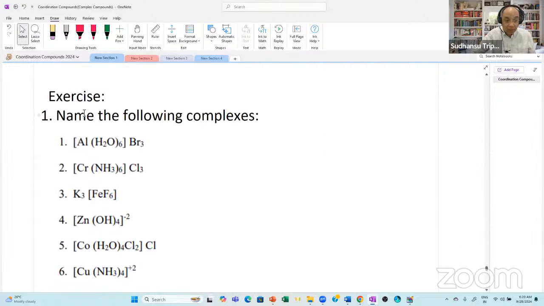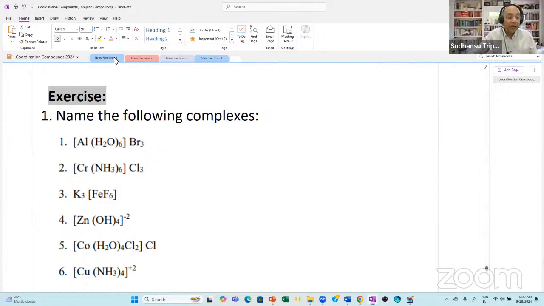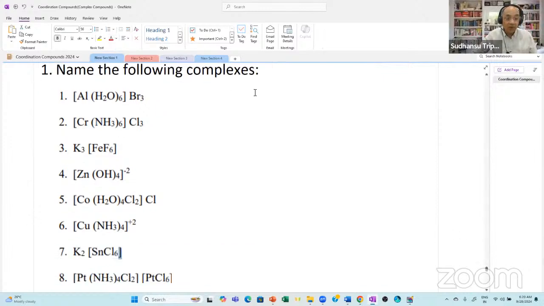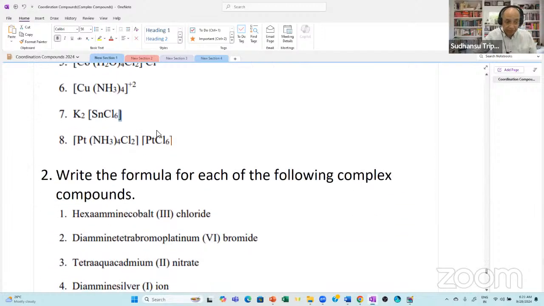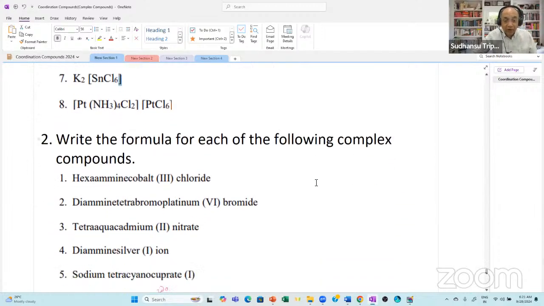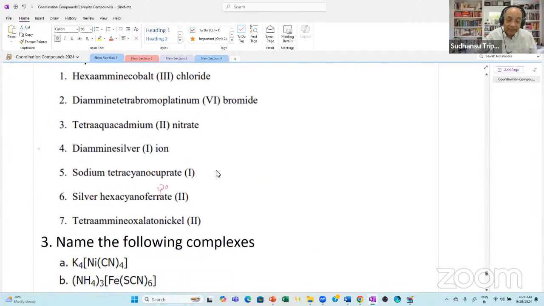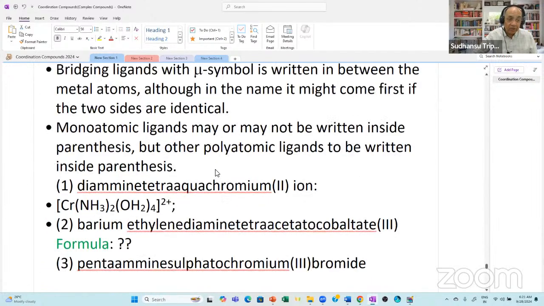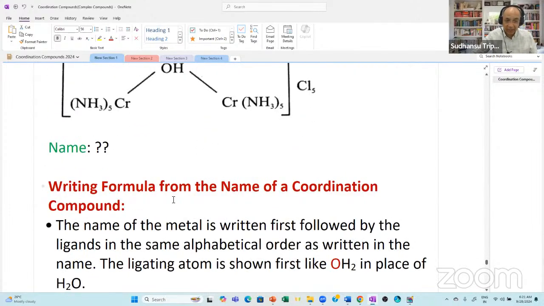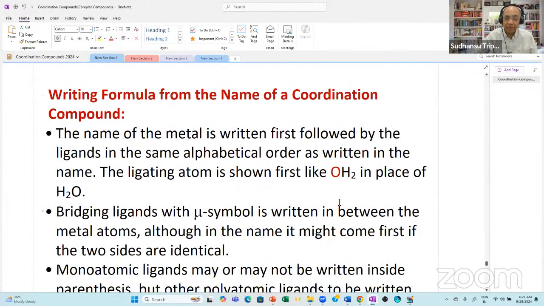But what you do is the exercise, the one which has already been done in my file, which we have not done in the class today. You have to name the following complexes and write the formula from the name. You have to do the opposite. I told you how to do that, because somewhere I have written here, writing formula from the name.